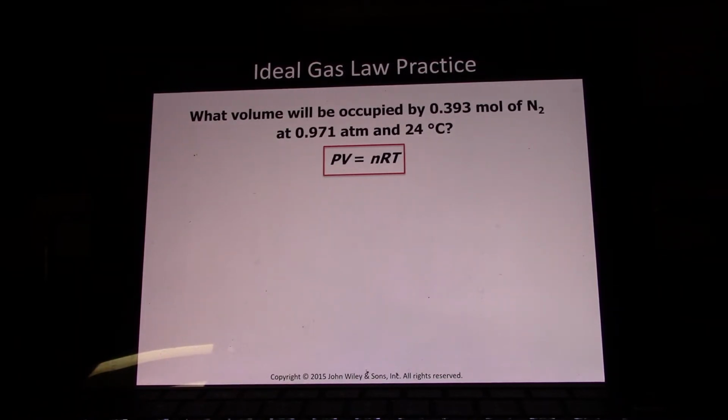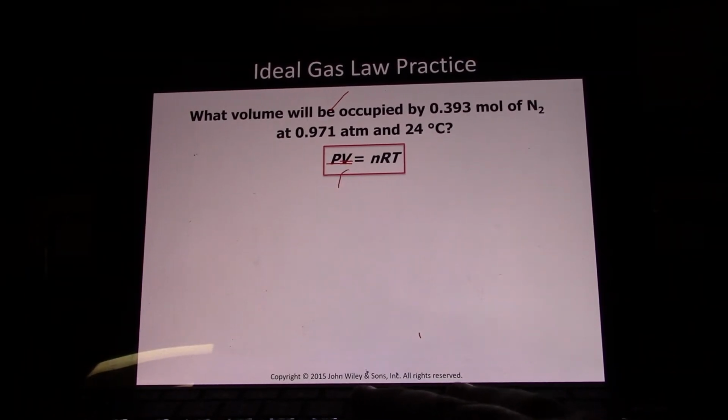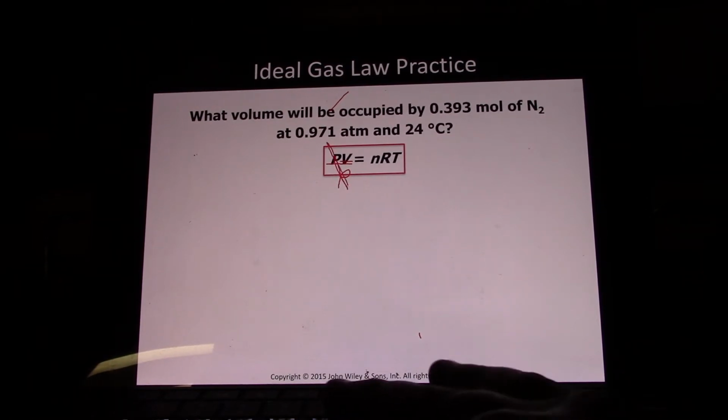What volume will be occupied by 0.393 moles of nitrogen gas at 0.971 atmospheres and 24 degrees Celsius? Well, PV equals nRT. Pressure's in atmospheres already. We're solving for volume. We're going to have to convert temperature to Kelvin. But to solve for V, we divide each side by P. P divided by P cancels out.